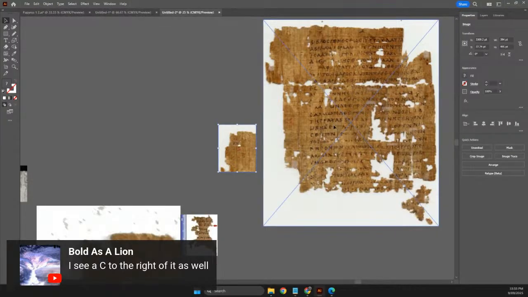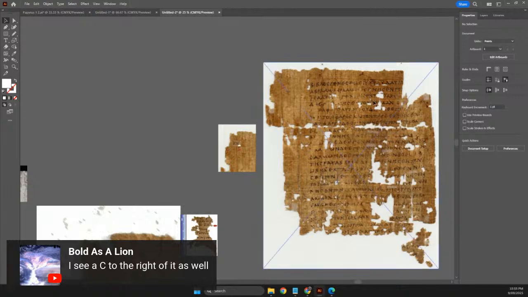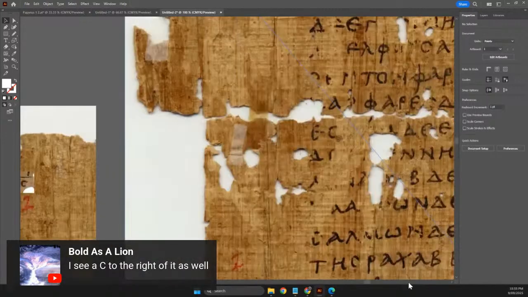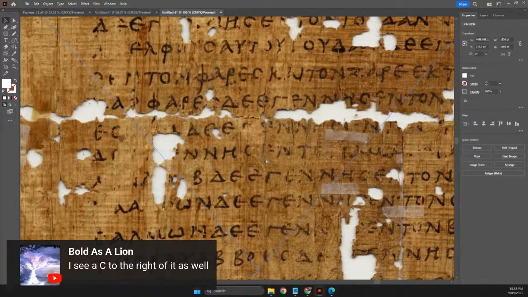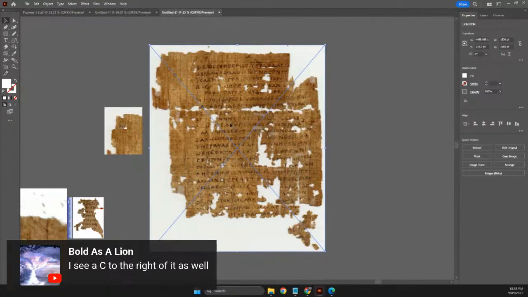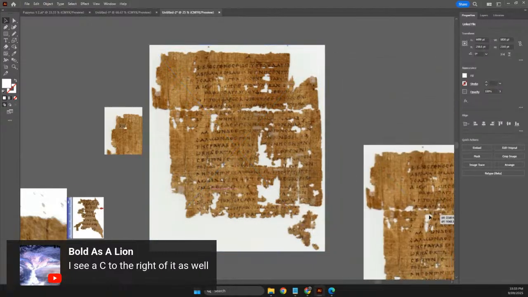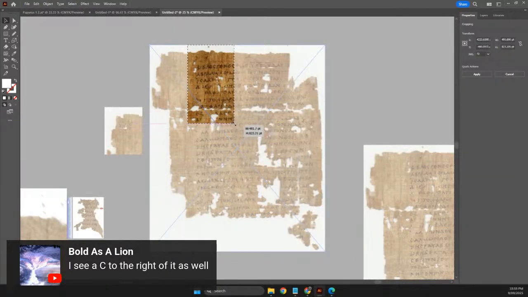Here we go, an H being an eta. Let's zoom in here. Like this. Okay, so I'll copy it first, then crop the image. Let's go to here.